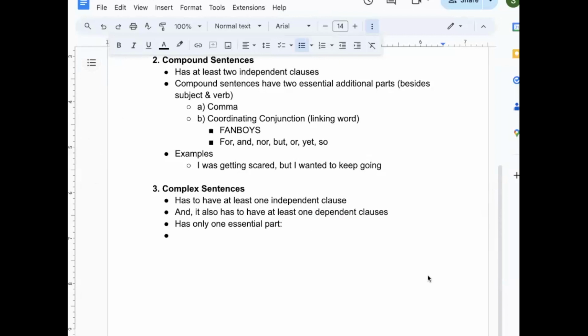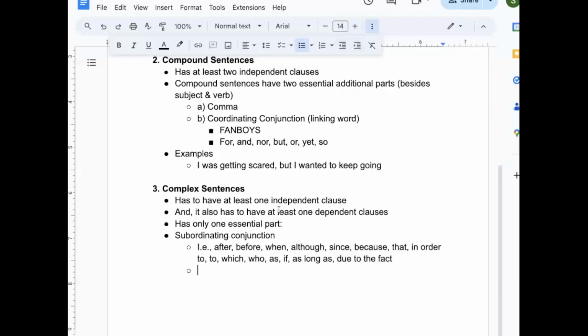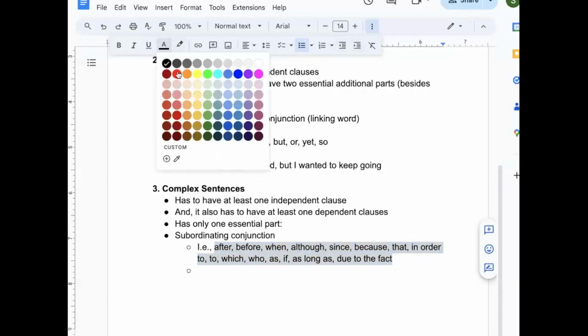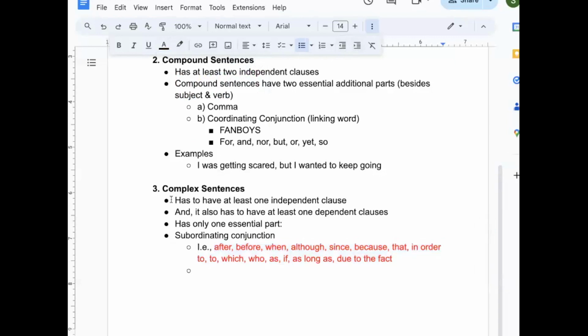Okay. So it's kind of a linking word, but a little bit different. There's a bunch of these. I didn't write them down, all of them, but these are some of them. So whenever you see one of these, you're going to know that it's a dependent clause. And because it's a dependent clause, you'll know it's a complex sentence because there's only one that has a complex sentence.